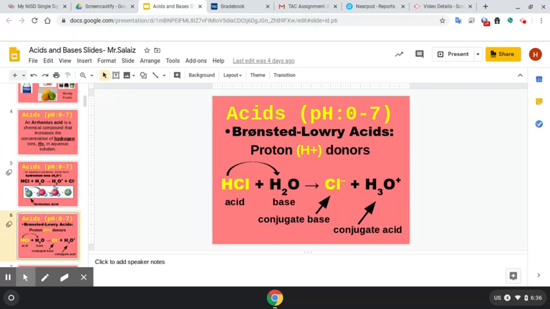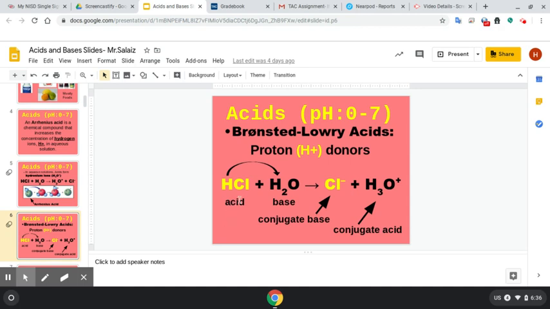Bronsted-Lowry acids means that the protons of the hydrogen ion are going to be donors, just like it says here. The hydrochloric acid is going to donate its hydrogen to the water molecule, and on the other side we have the chloride ion and the hydronium ion.